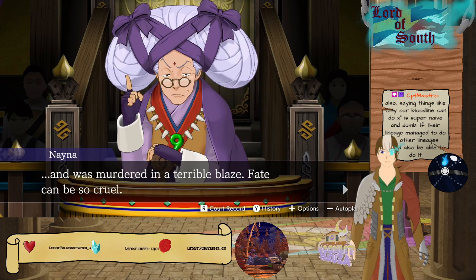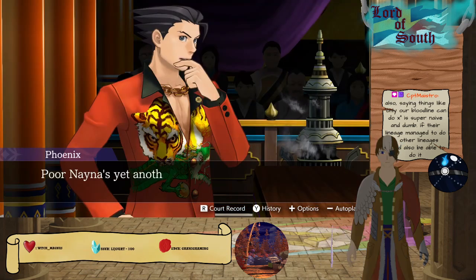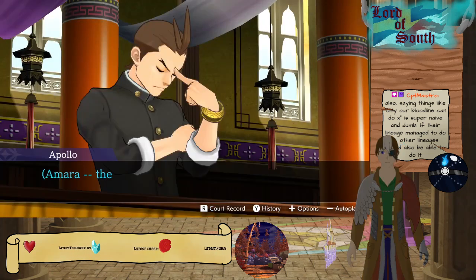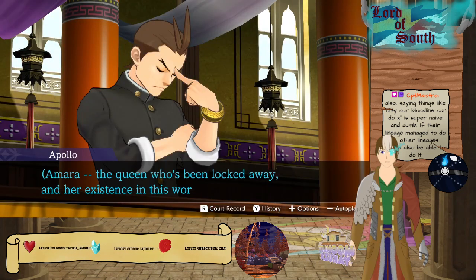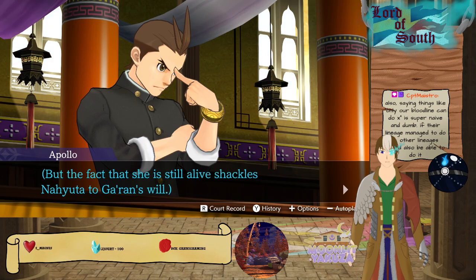Fate can be so cruel. So she's actually still alive. Poor Nina, yet another follower, unwittingly praying over an empty sarcophagus. Mara, the queen who has been locked away. But the fact that she's still alive shackles Nitha to Garan's will.